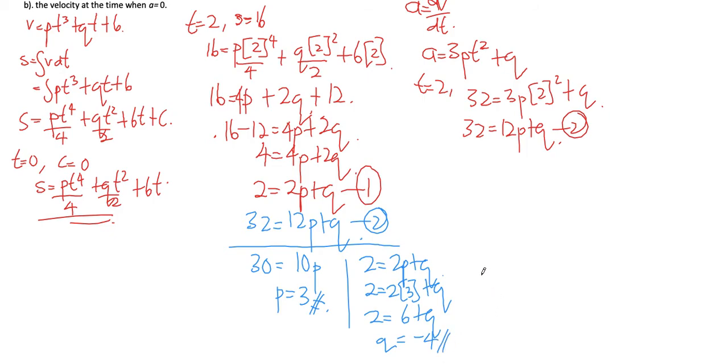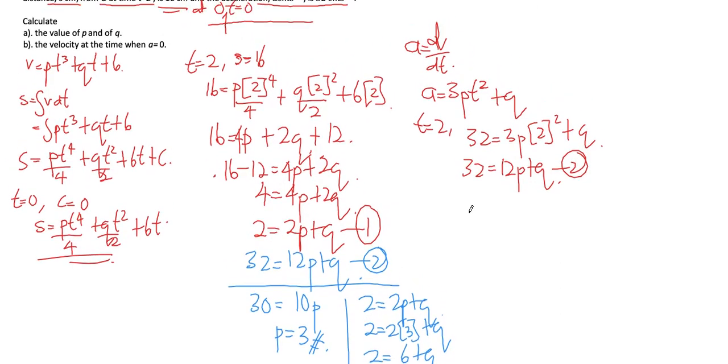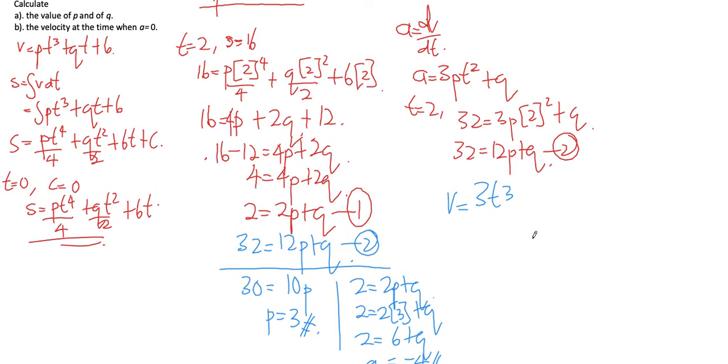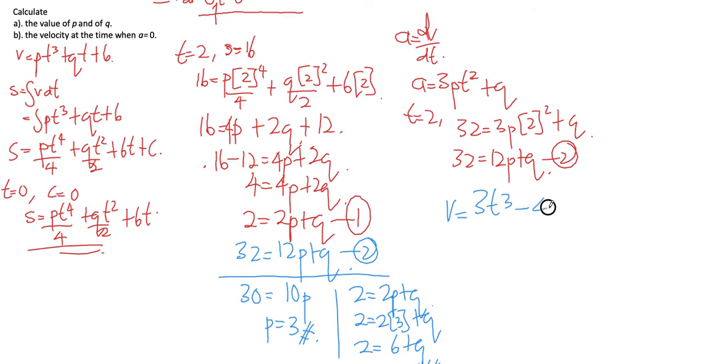Now I can sub that in and form the equation: v equals 3t cubed minus 4t plus 6. That is our v.